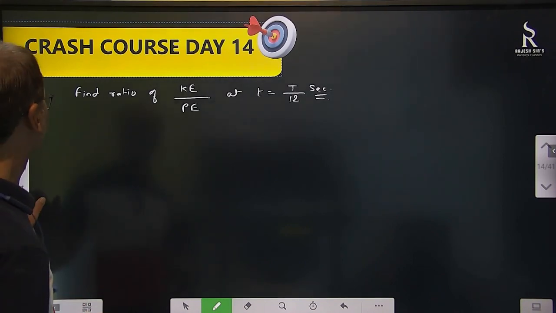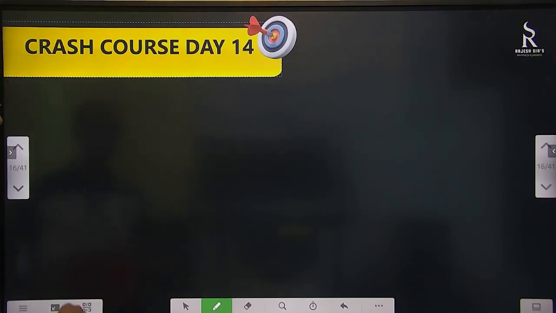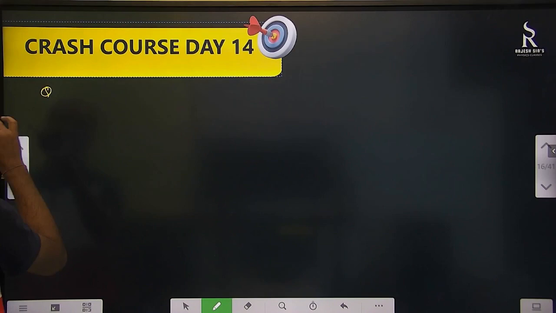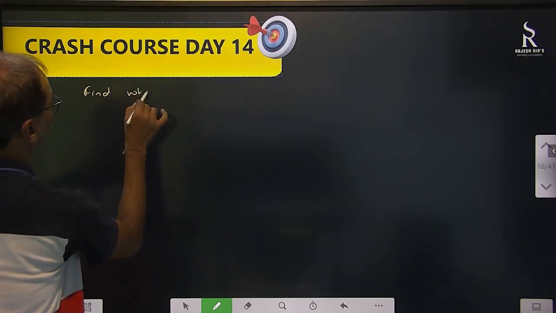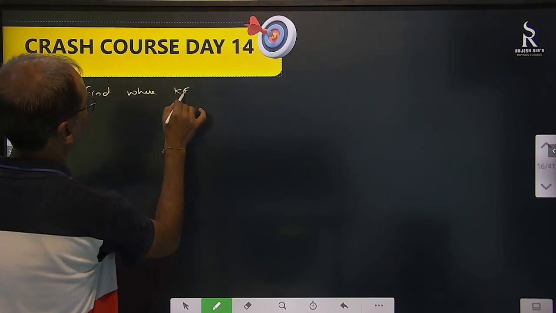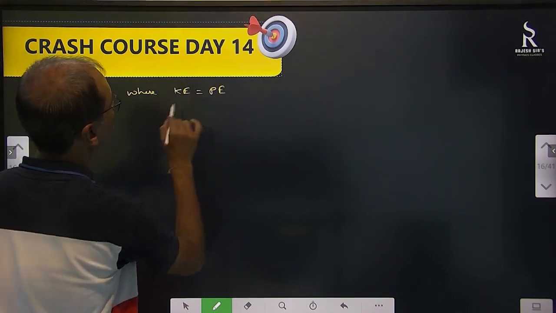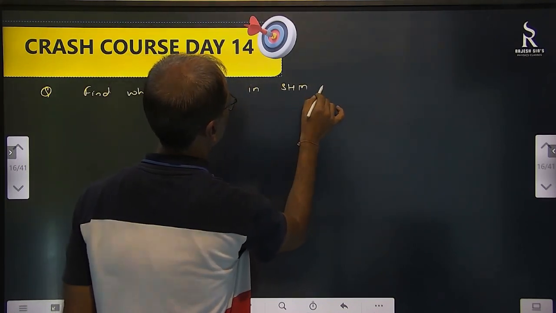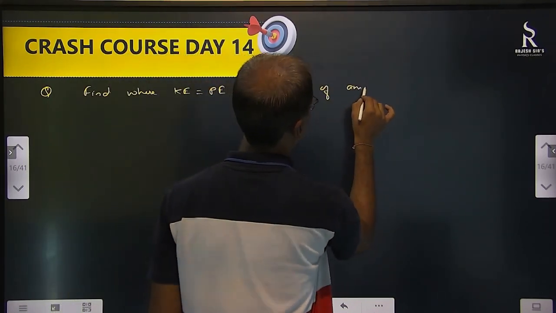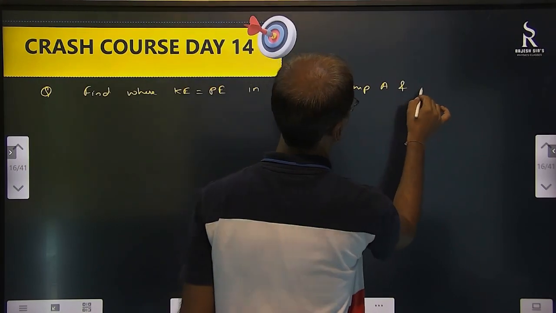Okay, this is all right. We'll do the question here. Okay, what is the question? Find where kinetic energy is equal to potential energy in SHM of amplitude A and time period T.